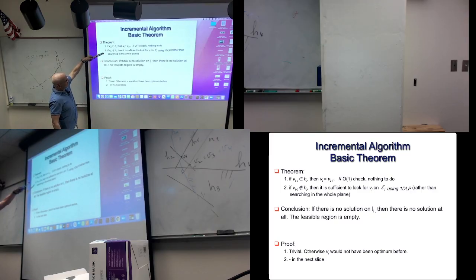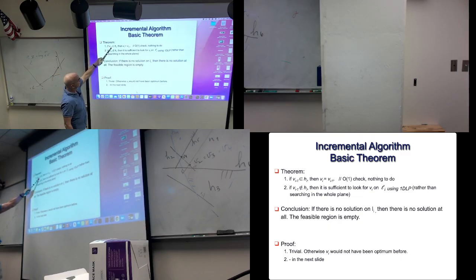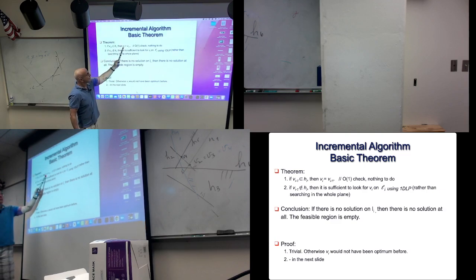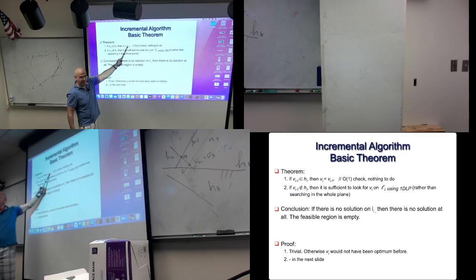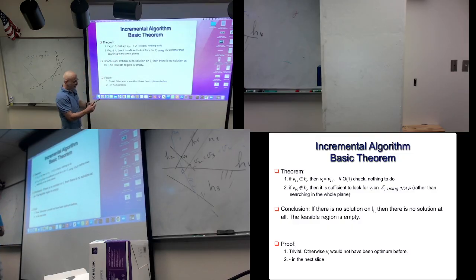As I said, I'm going to add half planes one by one. If Vi minus 1 is inside Hi, does not violate Hi, then the new optimal solution is just the previous optimal solution. And what's even cooler, to check if this condition is satisfied, what do I need to do?